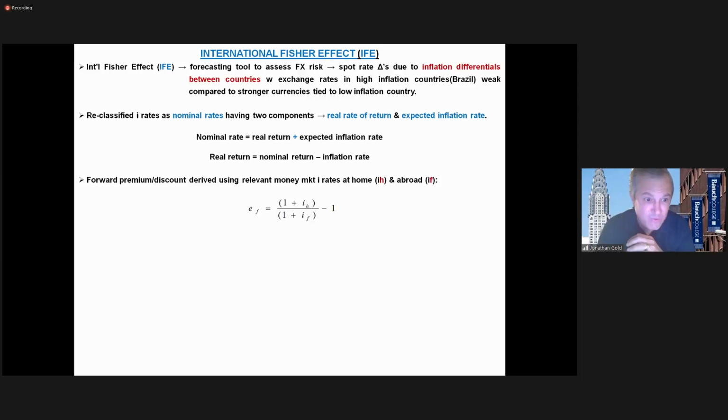We derive the forward premium or discount using the money market interest rates at home and abroad with the formula: 1 plus the interest rate at home over 1 plus the interest rate in the foreign market, minus 1.